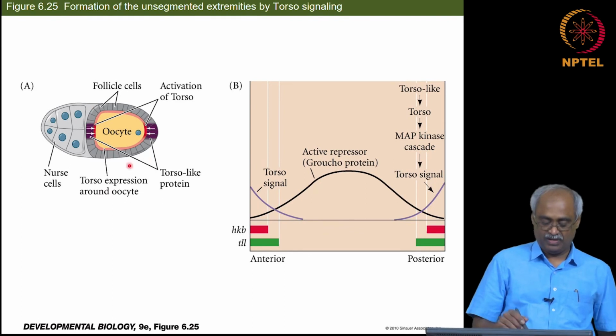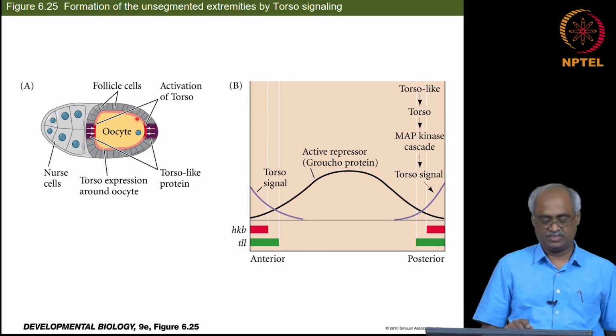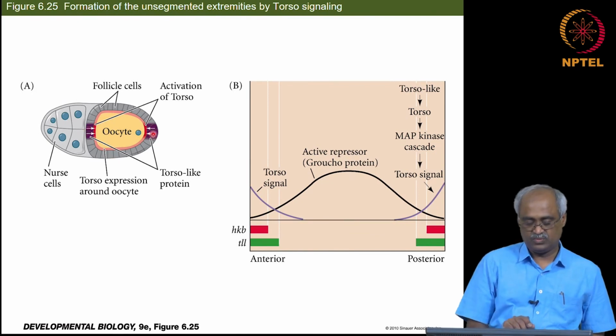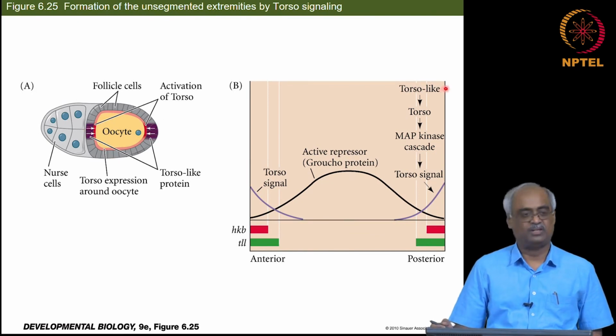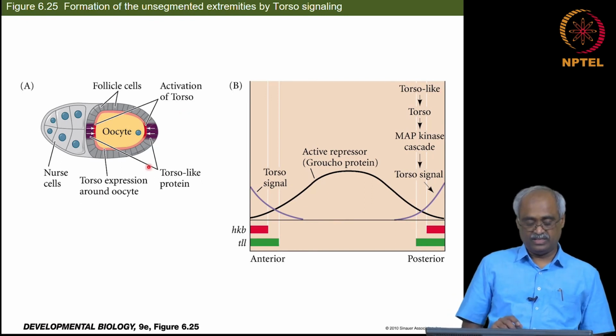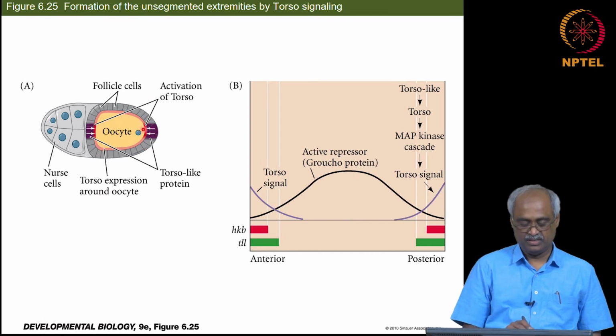This does not happen all through; it happens in the follicle cells on both sides, primarily because only these follicle cells produce the Torso-like protein, while Torso itself is expressed all around the oocyte membrane. So the RTK receptor is there all through the membrane, but its ligand comes only from the two ends.